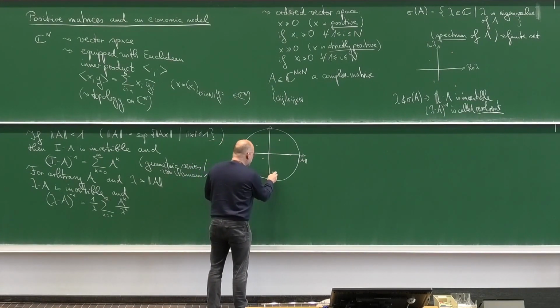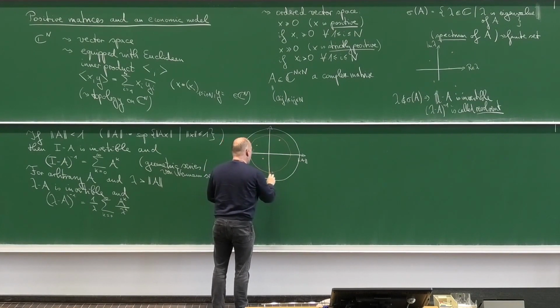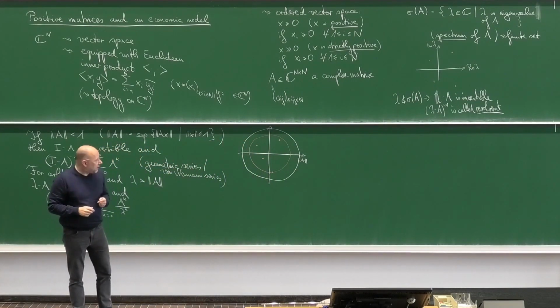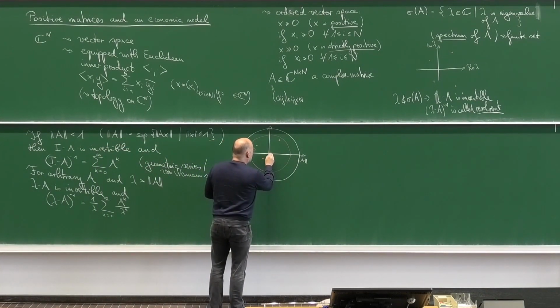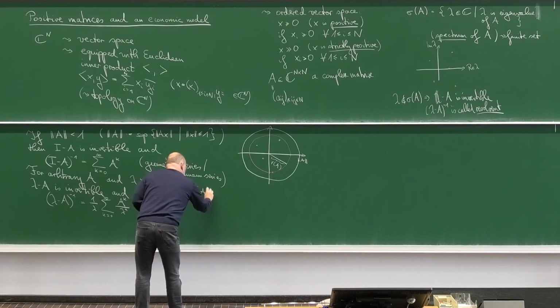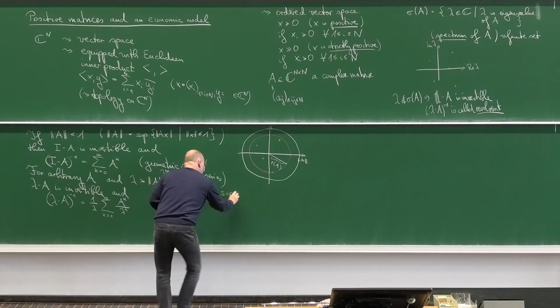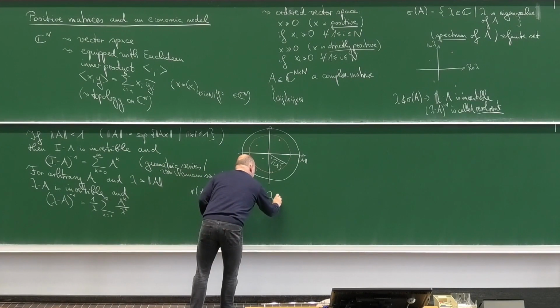Actually, we have a second circle. I choose the smallest circle which contains the spectrum, a circle of radius r of A. So r of A is the supremum of all absolute values of lambda, where lambda is in the spectrum.